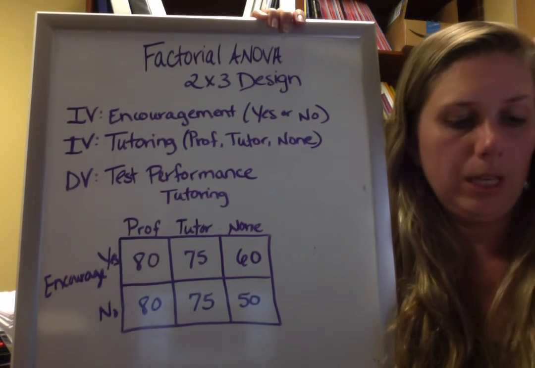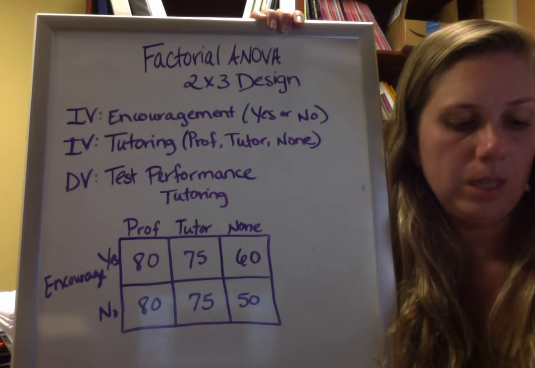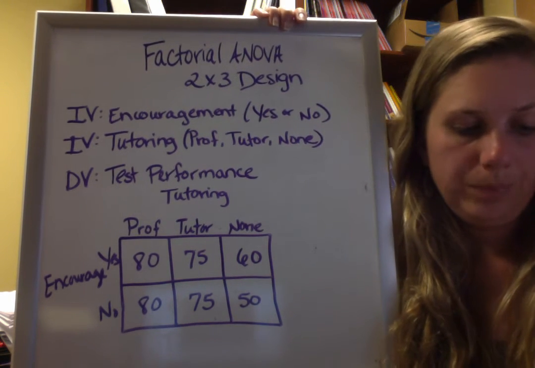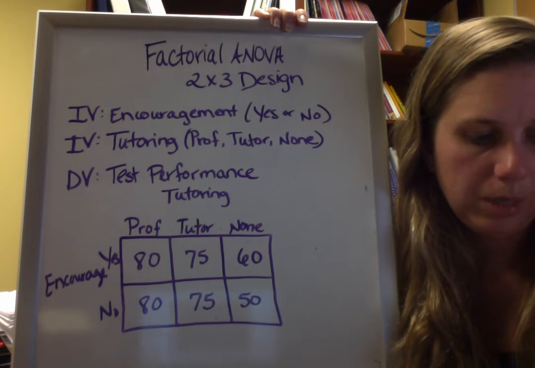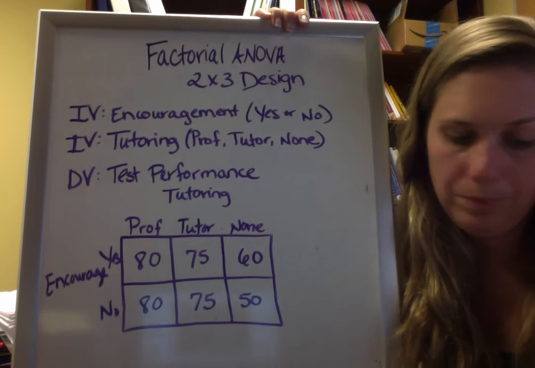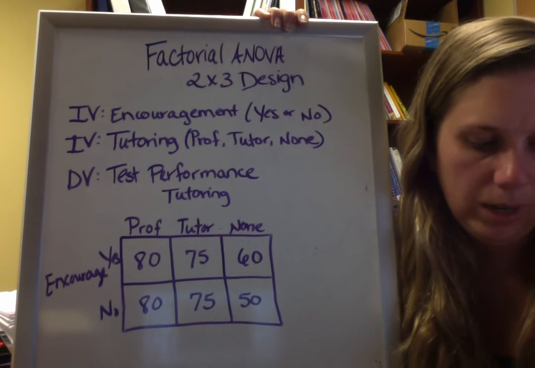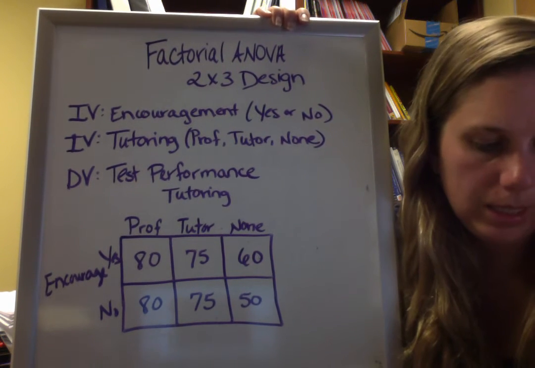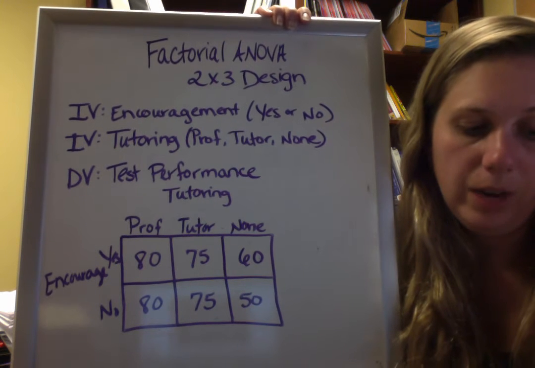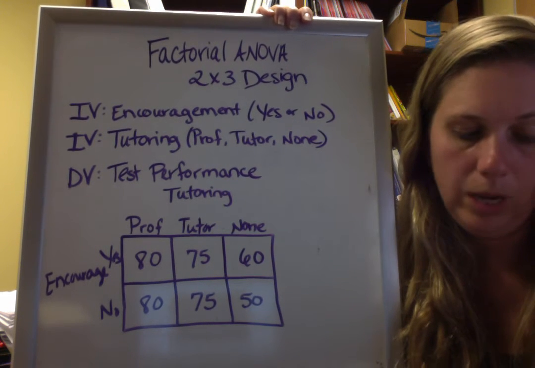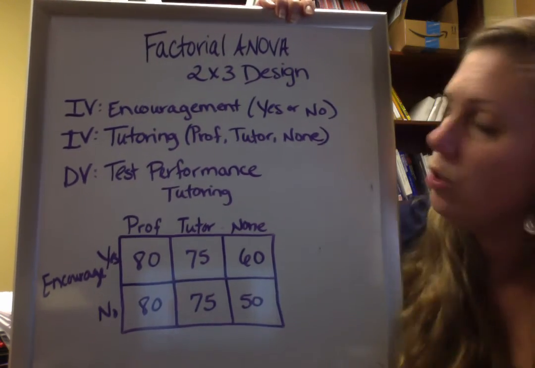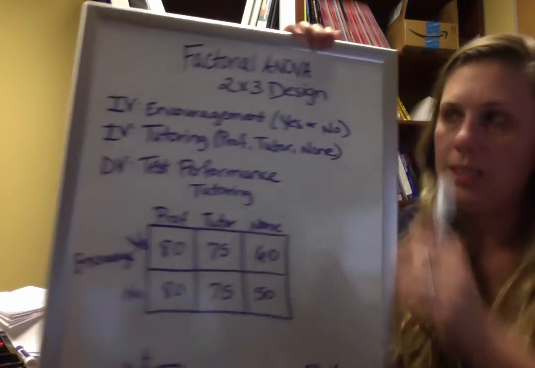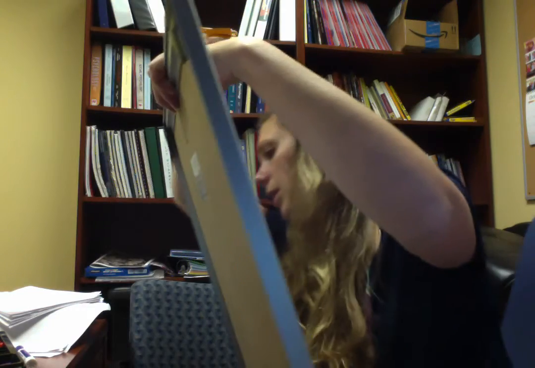Get my little calculator out. Okay, so for my yes encouragement group, I'm going to add together 80 plus 75 plus 60 divided by 3. Okay, and I'm dividing by 3 obviously because there's 3 different means. So that answer is going to be a 71.67. I'm going to write that on here.